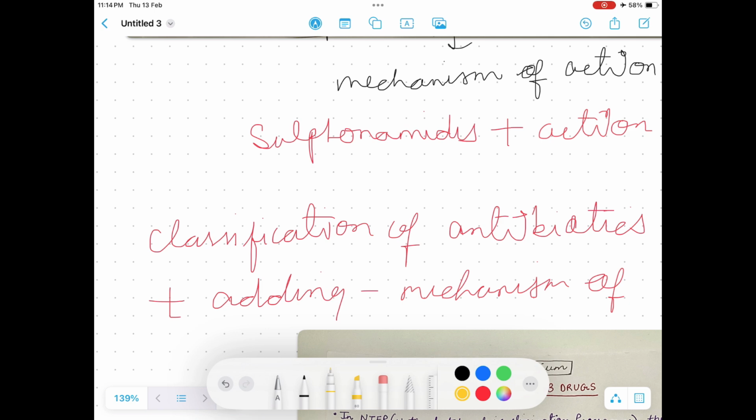Suppose they are asking about cephalosporins, so you will write the mechanism of action of cephalosporins along with the entire classification in order to score good marks. These are the kinds of questions that come from antibiotics, and in order to fetch good marks, you can write the entire classification.